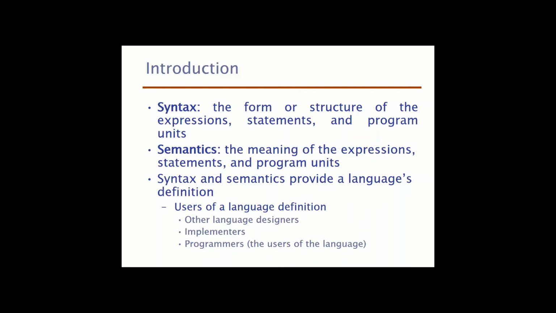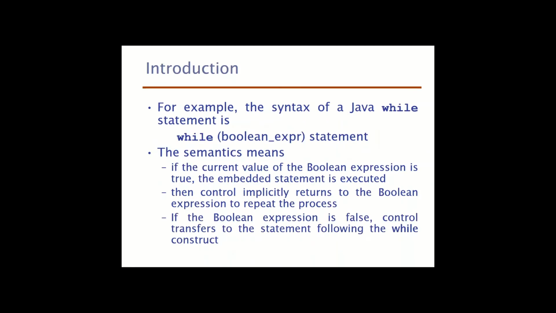The meaning of the syntax itself, okay? In other words, syntax and semantics provide the language definition. And the language definition, as we just explained earlier, is important for those who implement it, those who program with it, and also maybe evaluators or whoever is involved with a programming language.